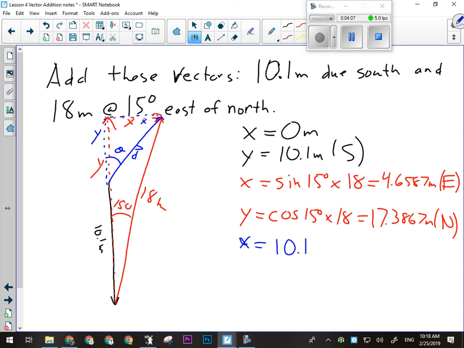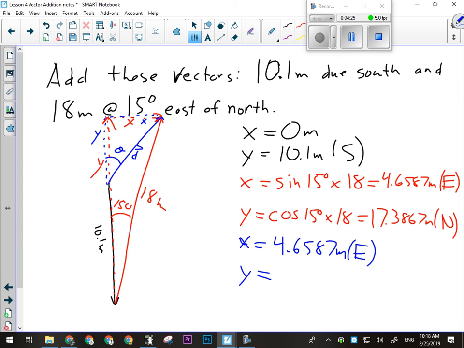It's 4.6587 meters east. All right, now north and south. I went 10.1 meters south, and then I did this 18 meters at 15 degrees.